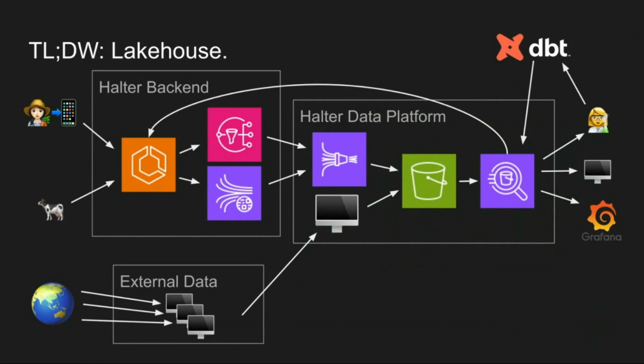At Halter, we have three different categories of data that I think of. The first is application data. That's everything about the cows, mobs, breaks, shifts, heats, health cases, matings, calvings, everything that happens on a customer farm coming through the app. Collar data is the data that we receive from the collars that we make. I'll get more into that later.